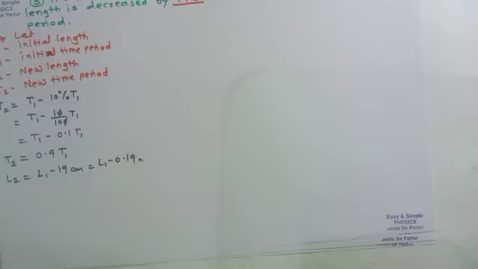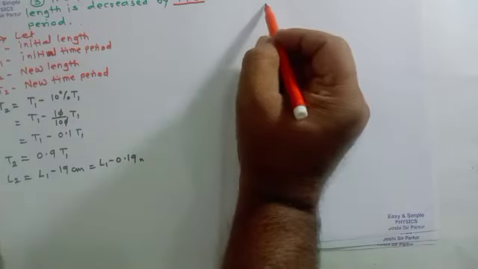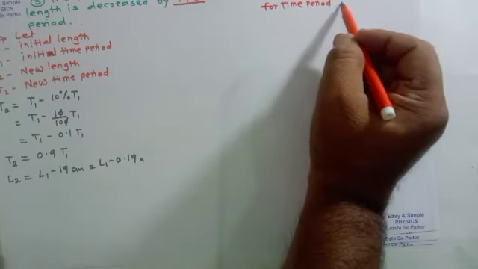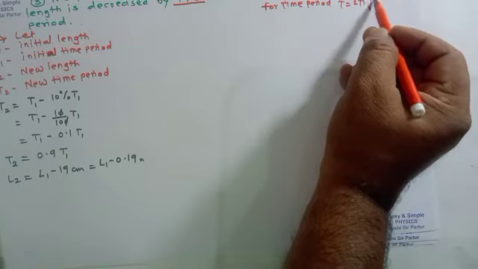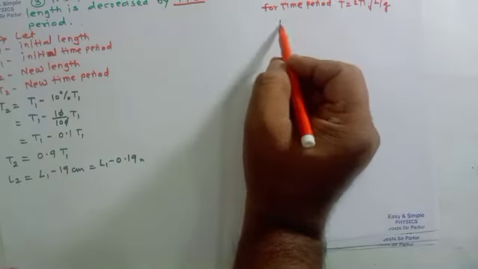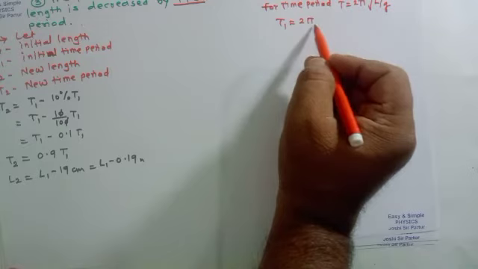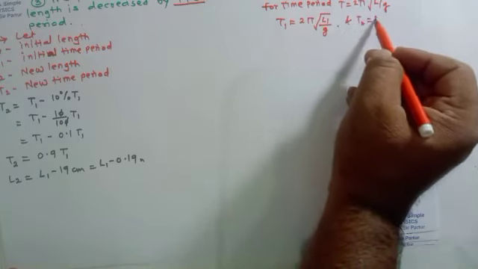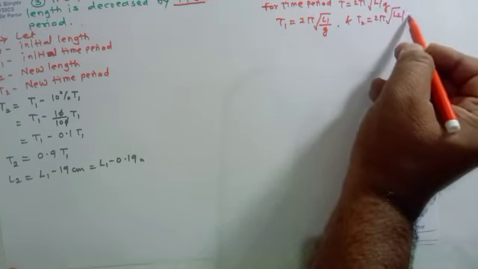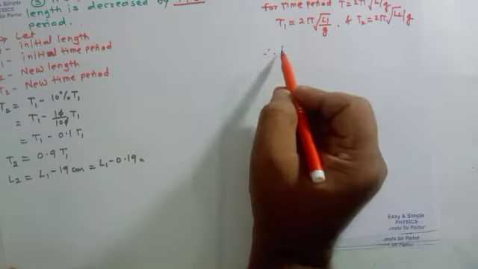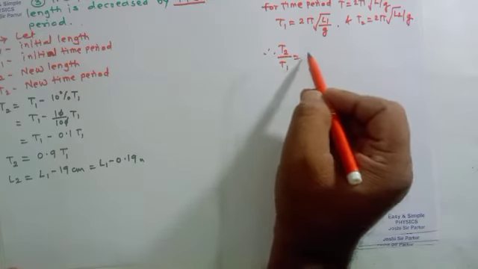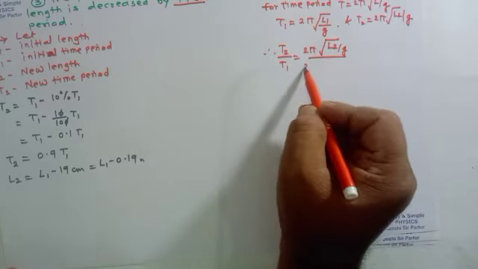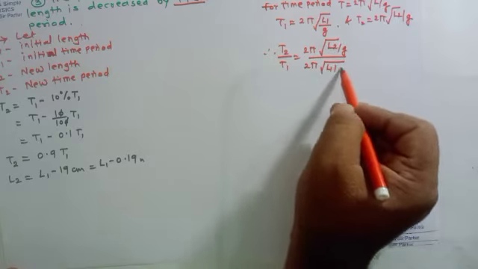We know the formula for time period, T equal to 2 pi square root of L upon g. So for the first, 2 pi square root of L1 upon g, and for the second, 2 pi square root of L2 upon g. If we divide, T2 upon T1 is 2 pi square root of L2 upon g upon 2 pi square root of L1 upon g.